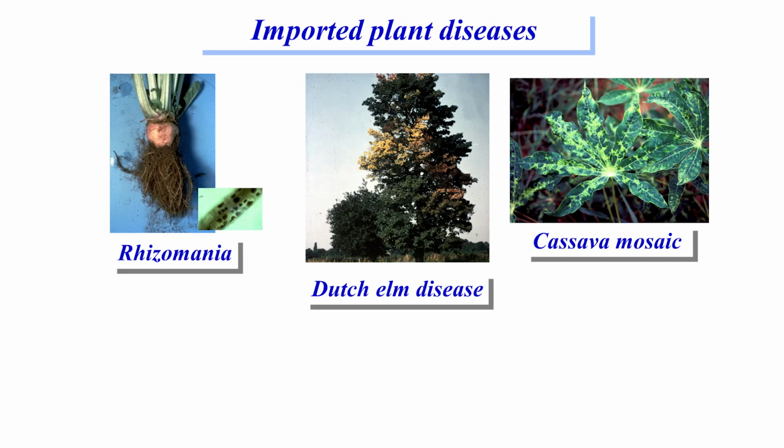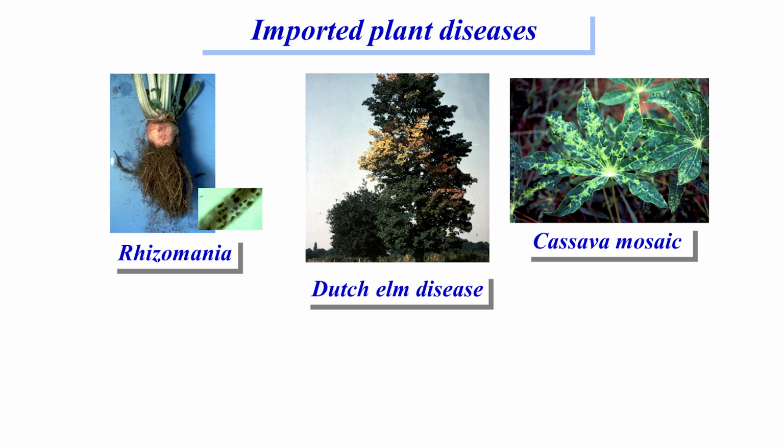Many of you will remember Dutch elm disease, really changed the countryside. Some of the others that I have on here will be rather less familiar. Cassava mosaic disease is a devastating disease of a staple crop in Africa.